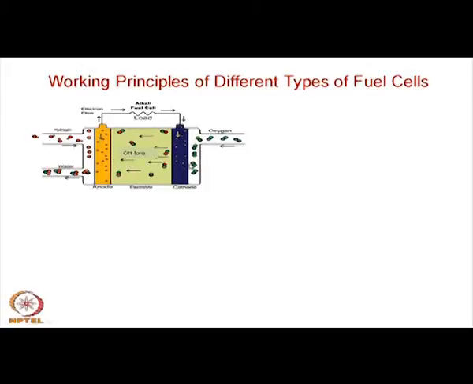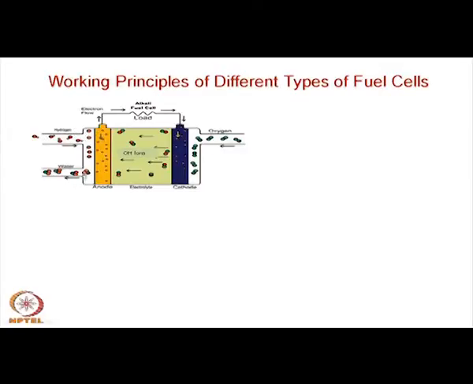Here oxygen goes to the oxygen ion and takes up an electron from here, whereas hydrogen gives the electron there. So the electron goes to this and then donates to the oxygen atom, so it becomes an oxygen ion. And then the hydroxyl ion moves to this side, combines with hydrogen, and becomes water.